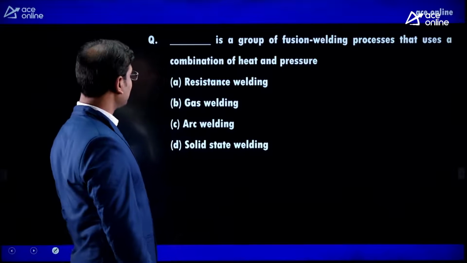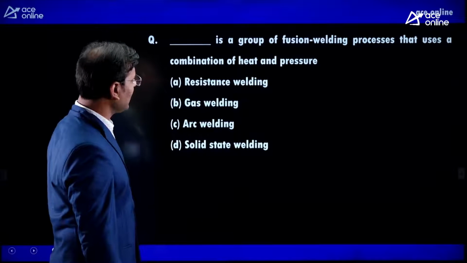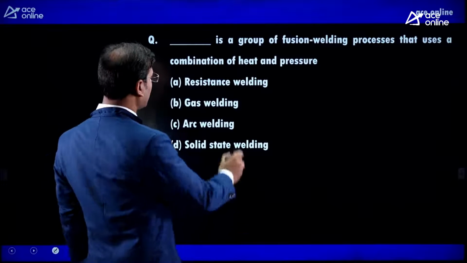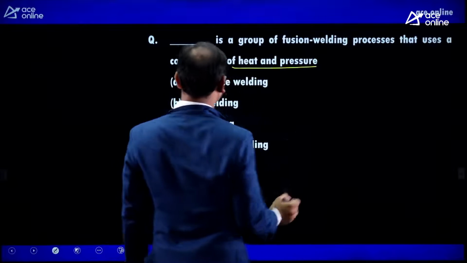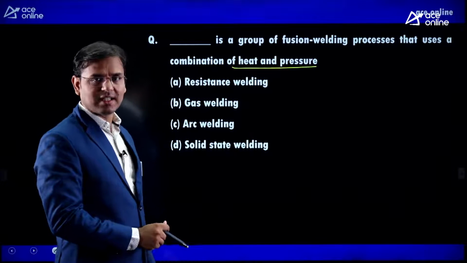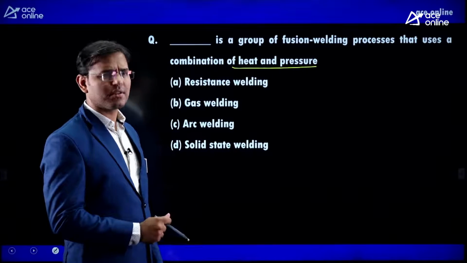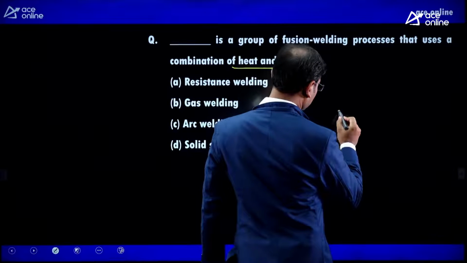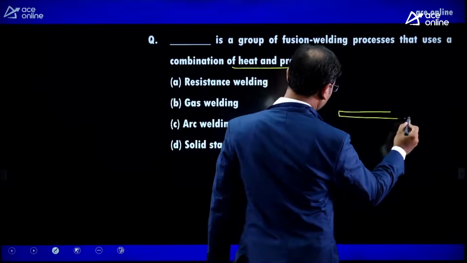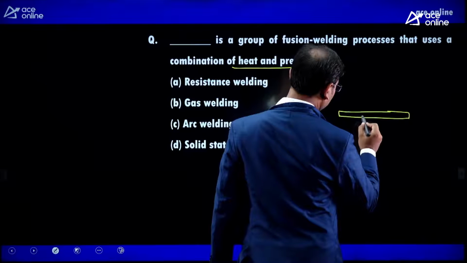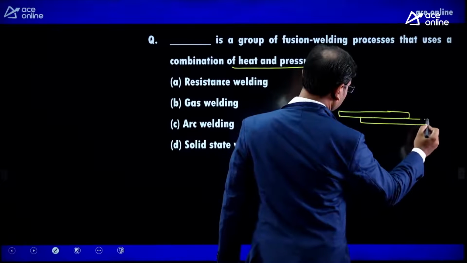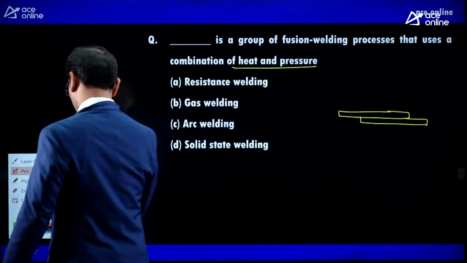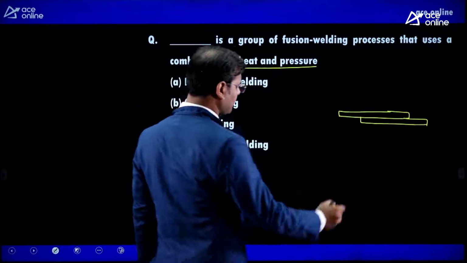Now, the next question is a group of fusion welding processes that uses a combination of heat and pressure. Resistance welding. Guys, in resistance welding, high pressure is given to join two sheets. Mostly resistance welding is used for joining sheets. Here the sheets are there, and I am going to show the electrodes also.